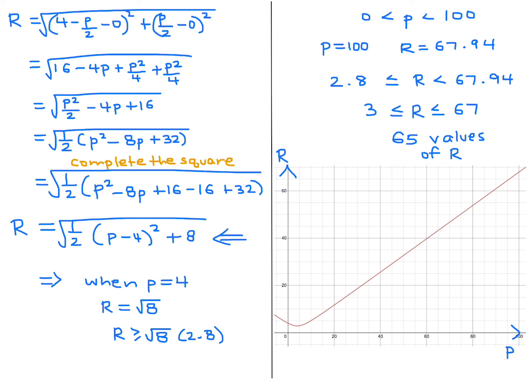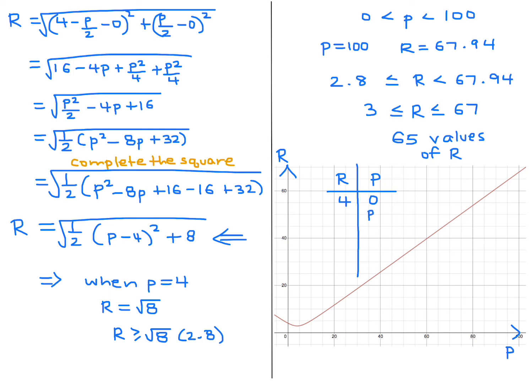When you look at this graph, hopefully you will see the following relationship, that if I made a little table, let's say R and P, and kept going like that, that when P is 0, R will be 4. Now P has got to be greater than 0, so that value of R doesn't count.